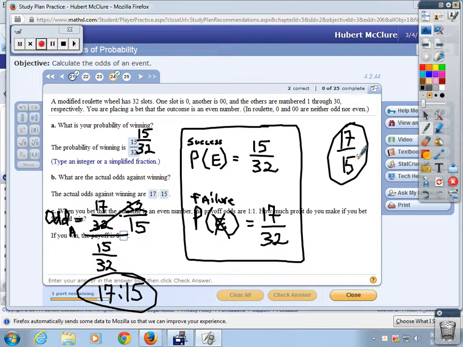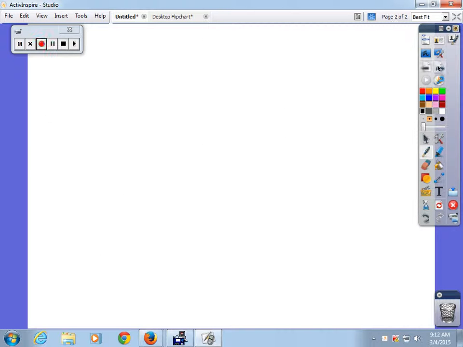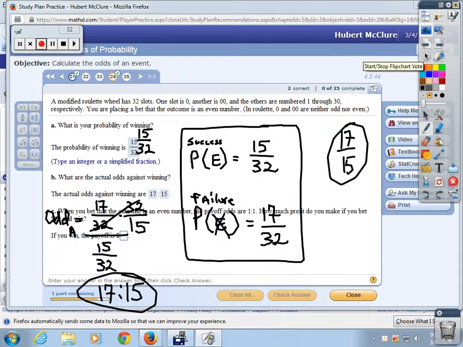Just like you did right here. To get 48 cookies, you multiply by 48 over 24. To get 57 cookies, you multiply by 57 over 24. So your odds against is going to be whatever you bet times 17 over 15. It's the same concept.